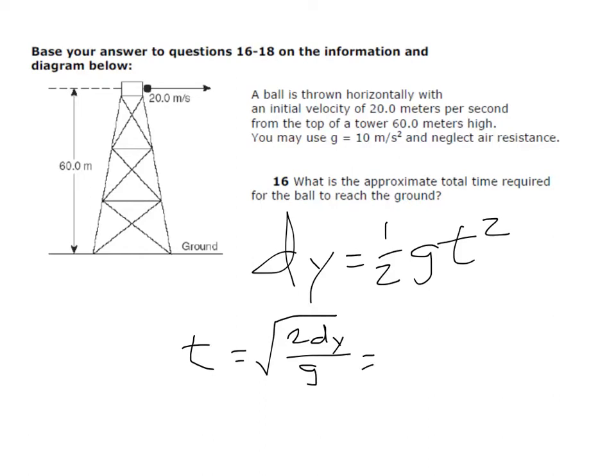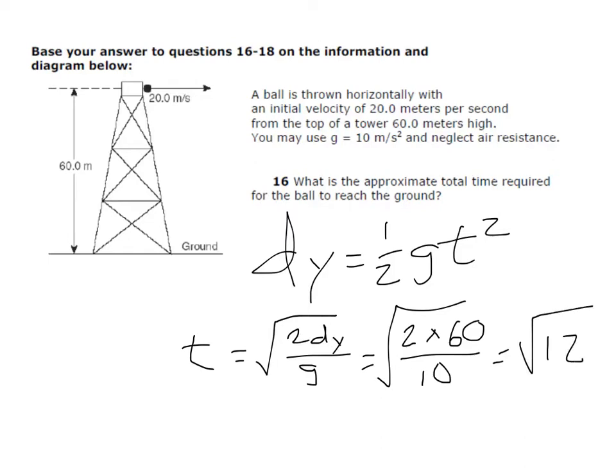So that's equal to the square root of 2 times 60 divided by 10, which is equal to the square root of 12. So the answer to that is about 3.5 seconds.